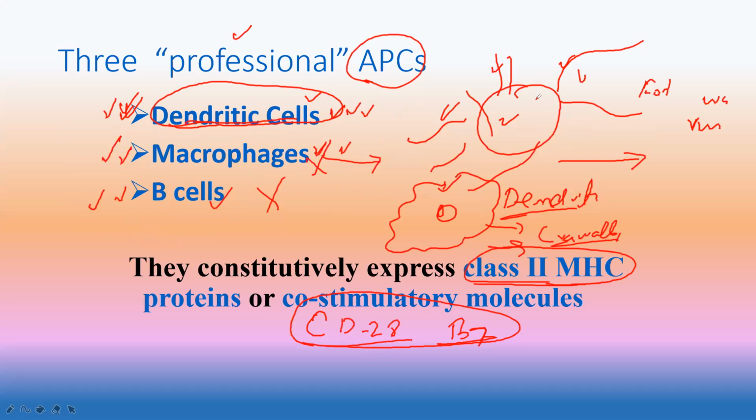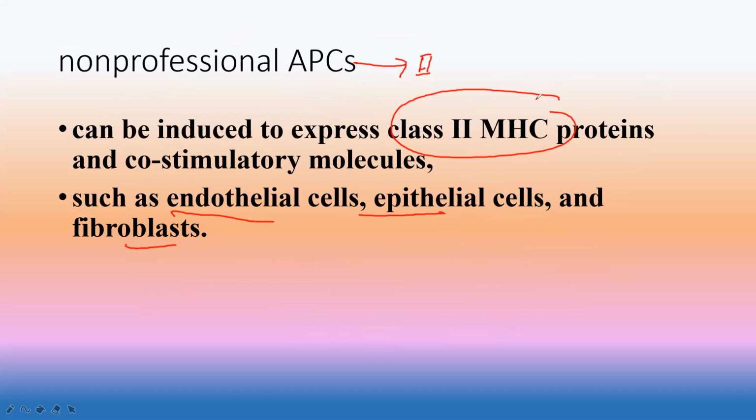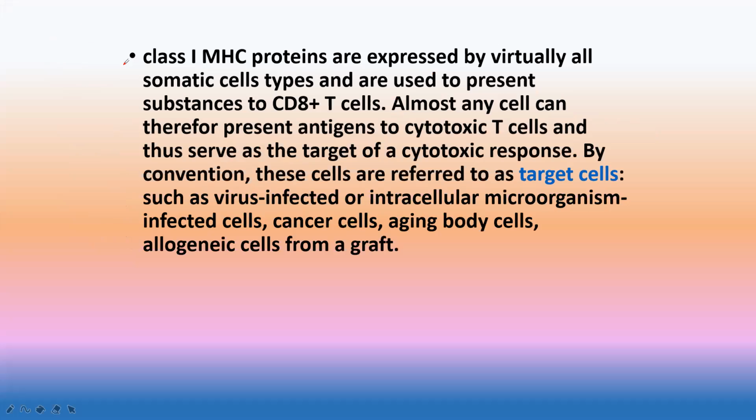Clear? But cells like endothelium and epithelium are not professional. These are non-professional; they are not much expert in presentation of antigen. Clear? That is the difference between professional and non-professional.